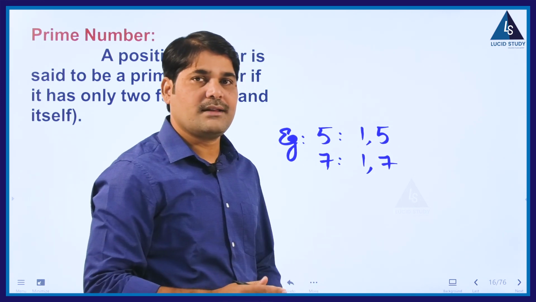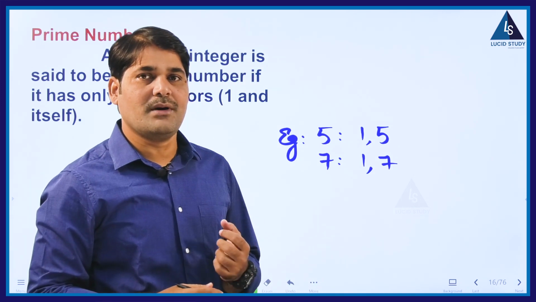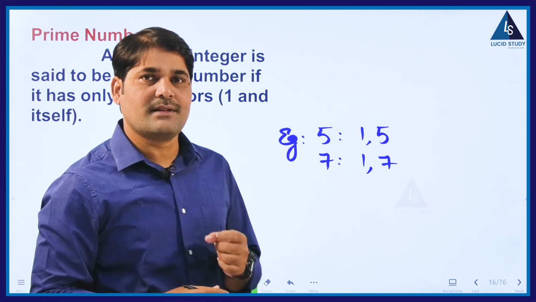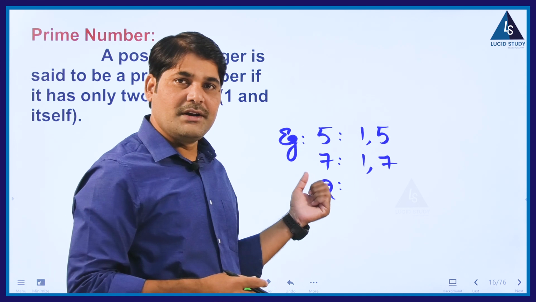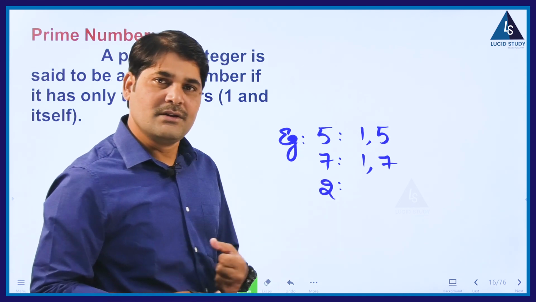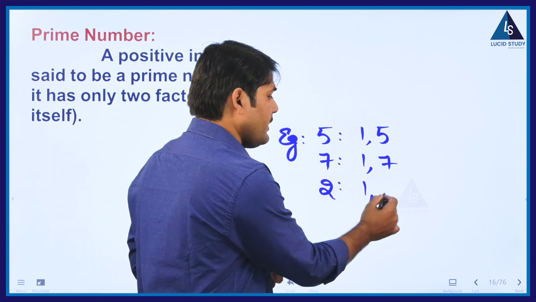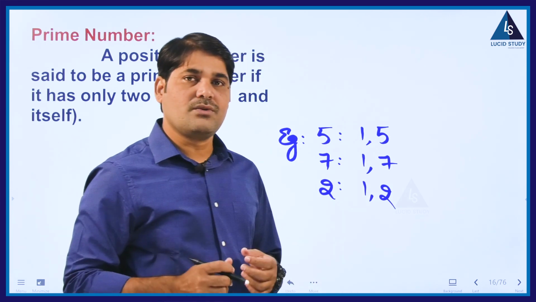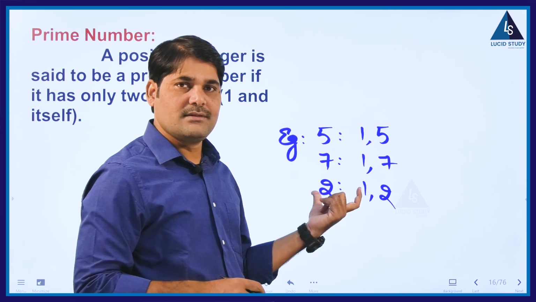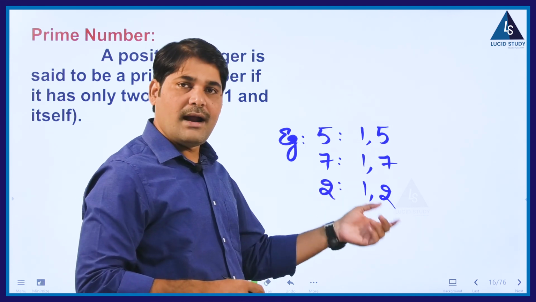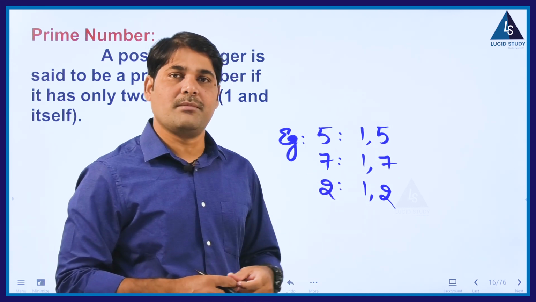And the most important thing is that the even prime number exists only one. That is 2. In even numbers only 2 is the prime number. What are the factors of 2? 1 and 2. So, understood what you mean by a prime number? A number which is having only two factors, 1 and itself, is known as a prime number.